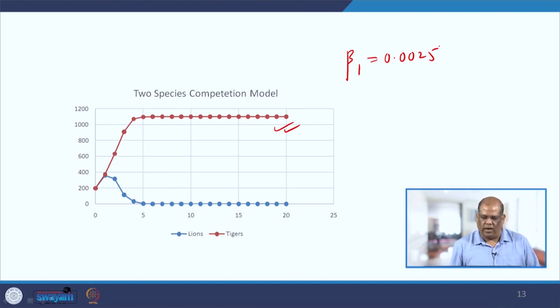Similarly, with another set you can show that the tiger species goes extinct, whereas the lion species survives. However, we always maintain that both species survive, as seen in real life in the real jungle. So, with that we come to the end of this lecture.